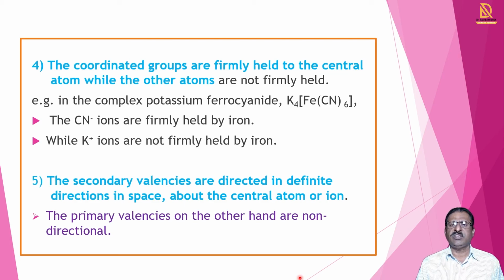If the coordination number is 4, then the 4 ligands are attached at the 4 corners of a square, or they may be at tetrahedral positions. So in this way, the secondary valencies are attached in particular directions in space, and so these secondary valencies are responsible for the geometrical shape.